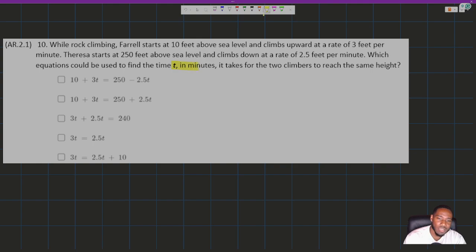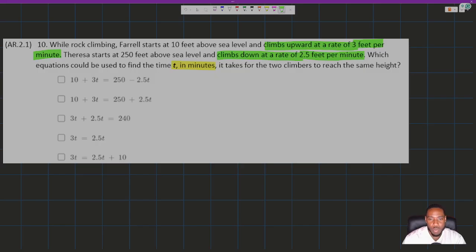So t is our variable here, and they give us these two situations, right? 2.5 feet per minute and 3 feet per minute. Now for Farrell, he climbs upward at 3 feet per minute, and for Teresa, she climbs down at 2.5 feet per minute.